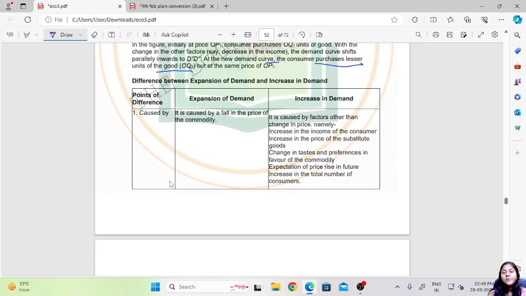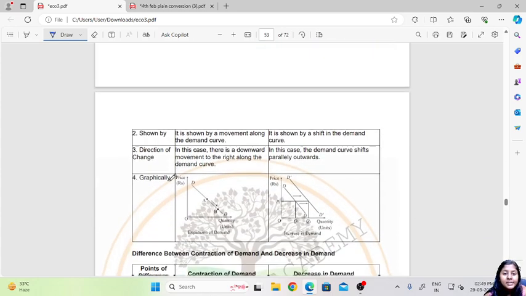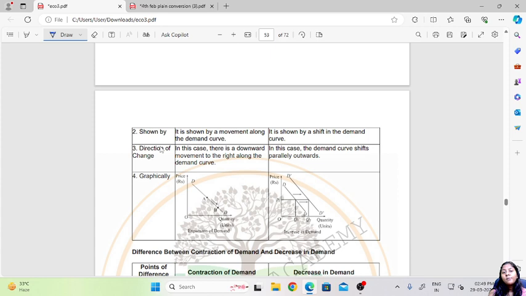Then difference between expansion of demand and increase in demand. What do you mean by expansion and increase in demand? Are these both same? The first one, expansion of demand, is caused by fall in price of the commodity, whereas increase in demand is caused by factors other than change in price, such as increase in the income of the consumer, increase in the price of the substitute goods, changes in taste and preferences, etc. Then next, how is it shown? Expansion is shown by movement along the demand curve, and increase in demand is shown as a shift in demand curve.